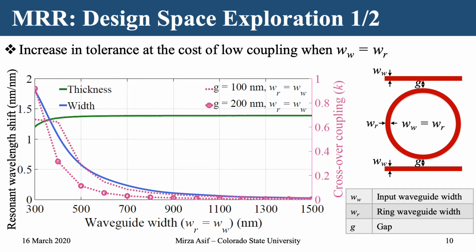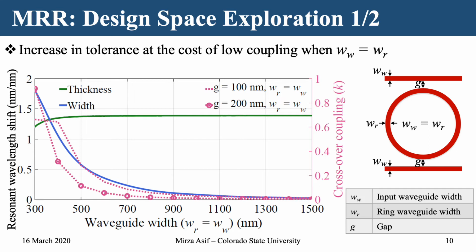In this situation, we can see that the resonant wavelength shift with respect to width decreases constantly as the waveguide width increases, which corresponds to the fact that the tolerance increases, that the amount of resonant wavelength shift one sees at a thicker waveguide width is much lesser, or the tolerance is much higher, compared to a waveguide width in the range of 300 to 500 nanometers. This is a good functionality one would like to use.